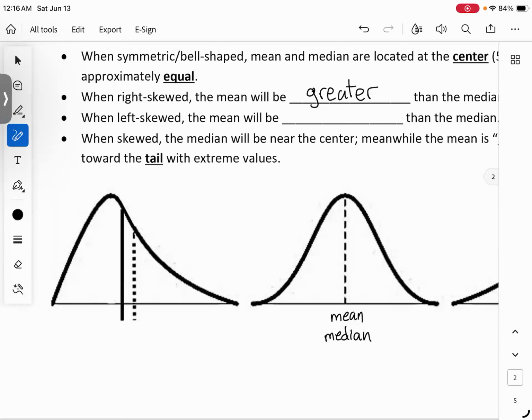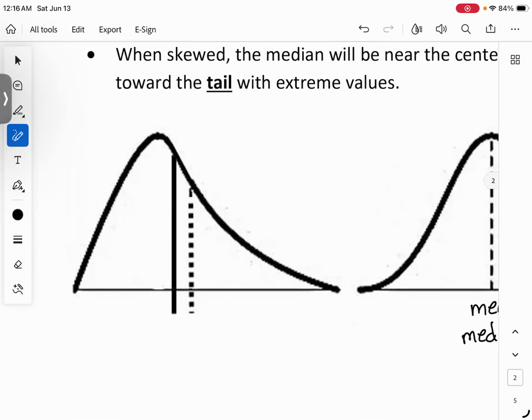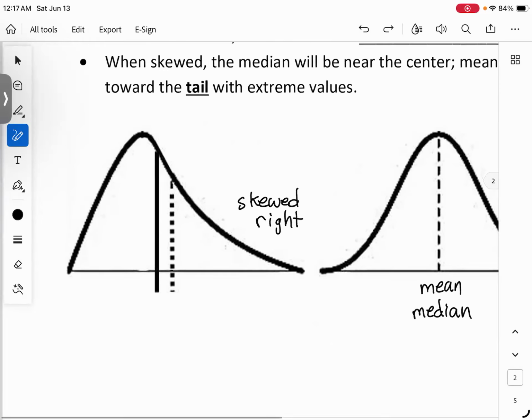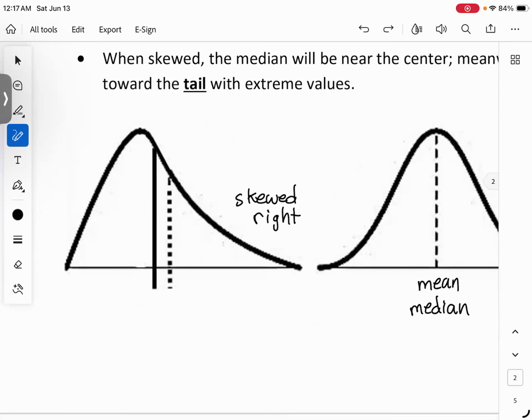And let's break this down. This guy right here is the skewed right because it has a right tail. It doesn't have the left tail over there to balance it out. And when you see these two lines, this dark solid line and the dashed one, this right here is the median. And why?